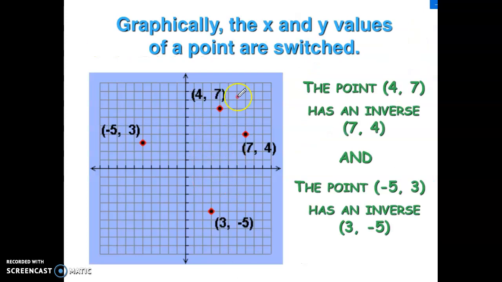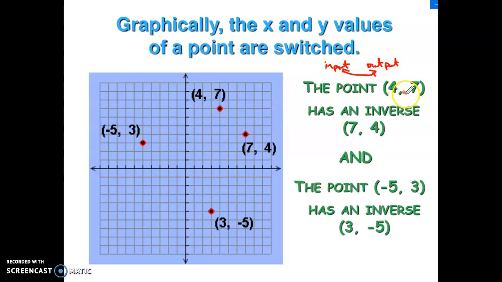For graphs, with inverses, what's really happening is that whole perspective change. When we reverse the arrows, we're switching the x and y's. The input and output get switched. So we're going to switch those around for the inverse.